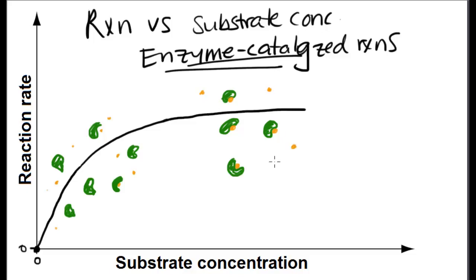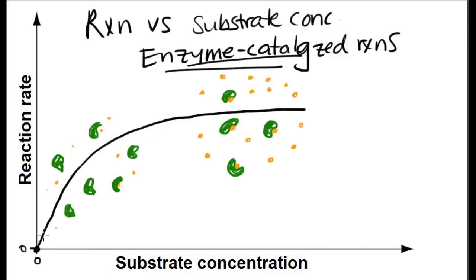It just means that by adding a bunch of new substrate, I'm not going to speed it up anymore, because as soon as my enzyme is done with this substrate, it's going to immediately move on to another one. And so by dumping more substrate concentration in there, I'm not going to increase the rate of the reaction anymore.